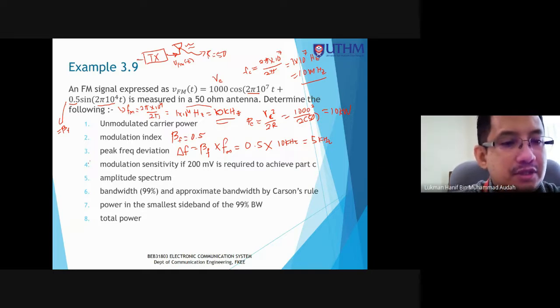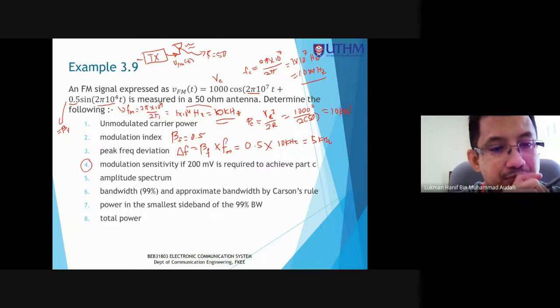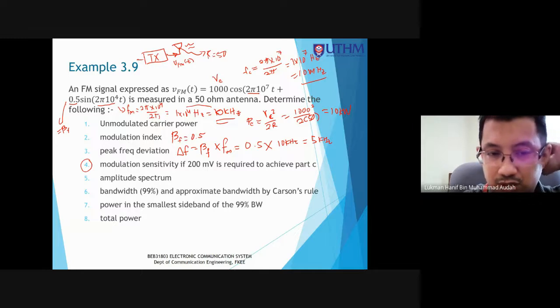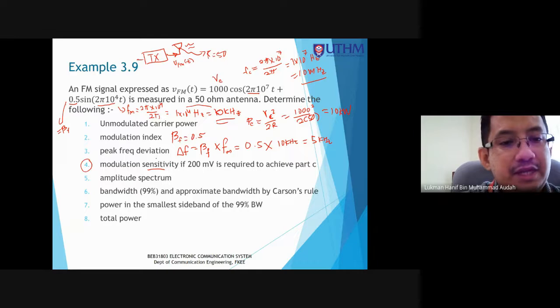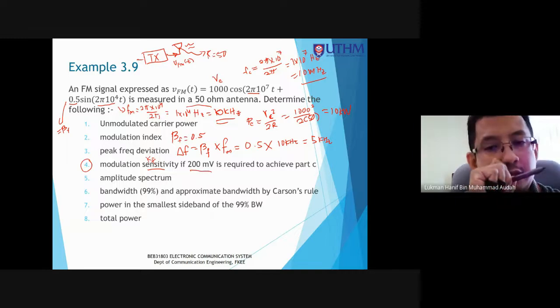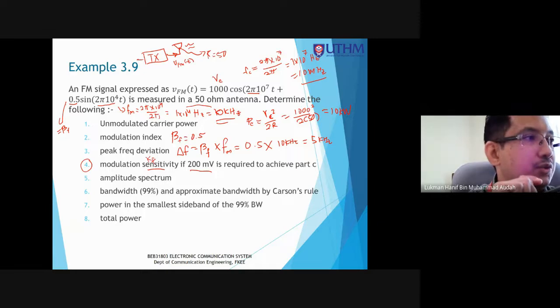So I move to the fourth question. Find the modulation sensitivity if 200 millivolt is required to achieve part c. The question asks about the sensitivity parameter, which is related to Kf, the frequency deviation sensitivity parameter.